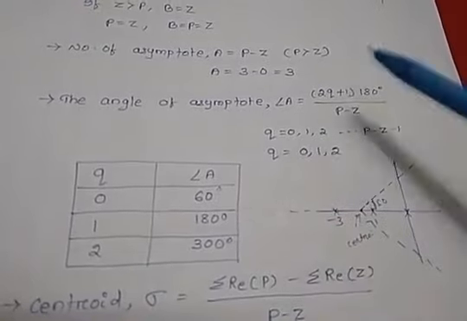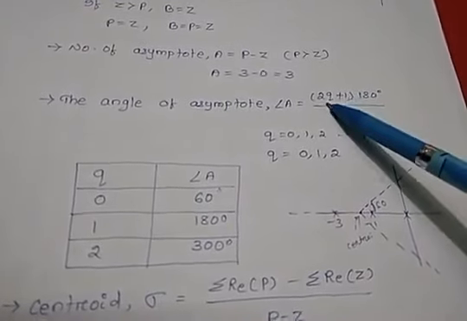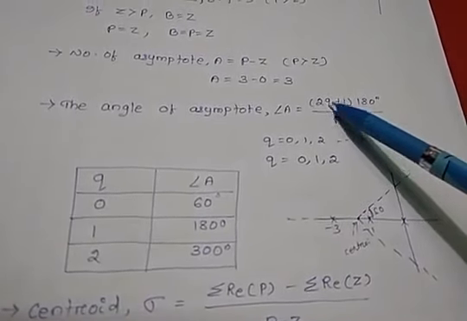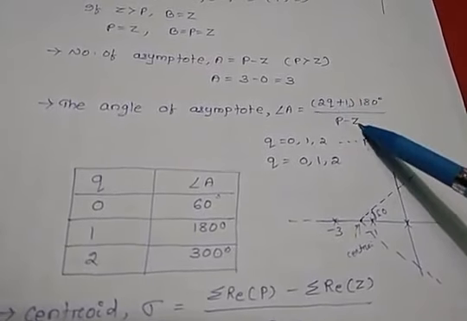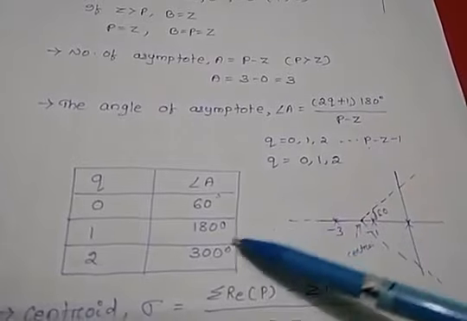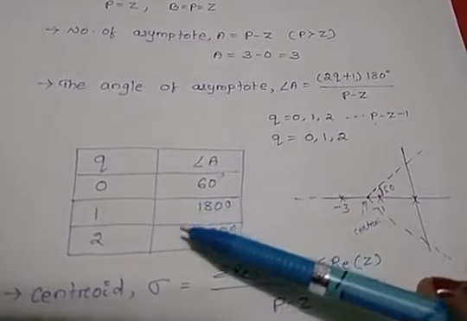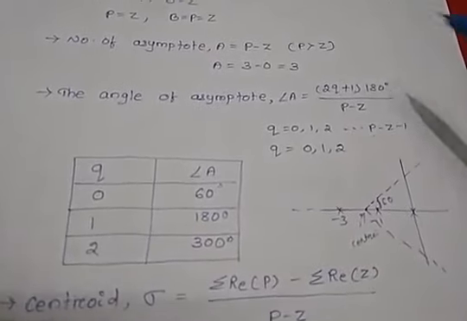When we put q equal to 1, we get 2 into 1 plus 1 equal to 3, divided by 3 into 180, that is 180 degrees, and when we put q equal to 2, we get 300 degrees.